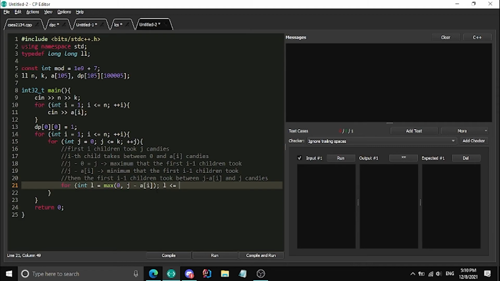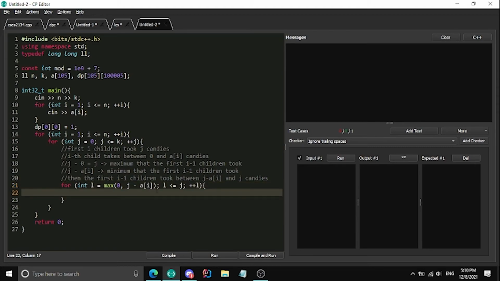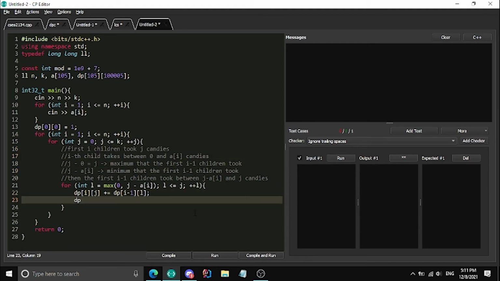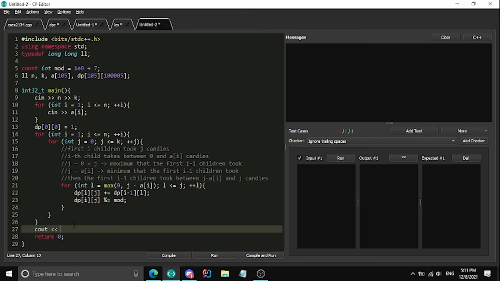And that's going to go upwards to j. And dp at i at j plus equals dp at i minus 1 at L. And so that covers all the possibilities of the ith child taking 0, 1, 2, 3, all the way to a_i candies, right? And dp at i at j mod equals mod. And so this should work.